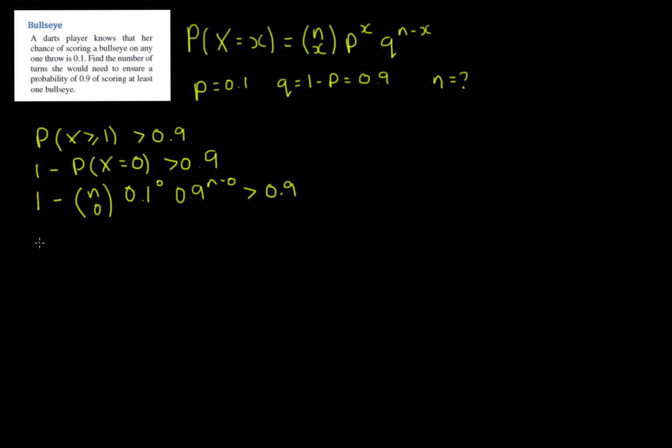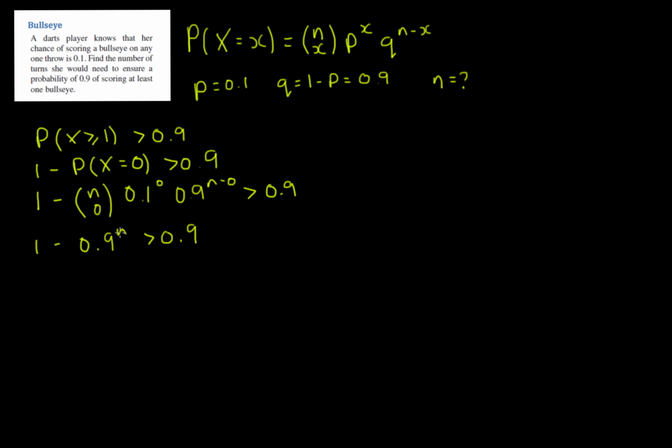Okay, so let's simplify that a little. N choose 0 is just 1. 0.1 to the power of 0 is just 1 too. So we actually just have 1 minus 0.9 to the power N must be greater than 0.9.